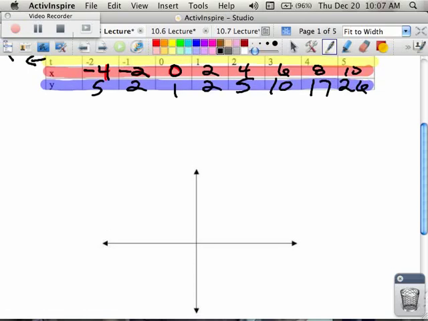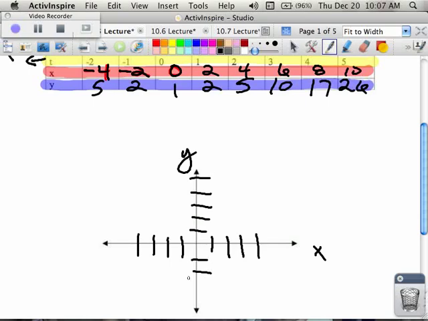When you graph, the thing to remember is once you use the t, you ignore it for the most part. You're still graphing x and y. So here's my x-axis, here's my y-axis. 1, 2, 3, 4, 5, whatever.